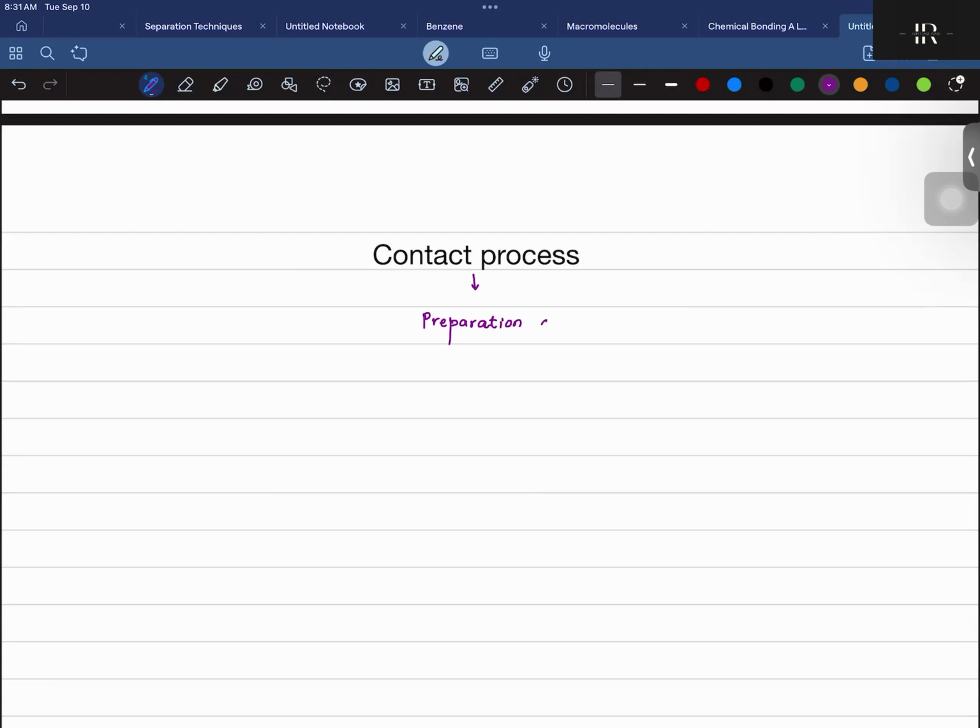Preparation of H₂SO₄, and H₂SO₄ is sulfuric acid. Basically, it's a strong acid, okay?